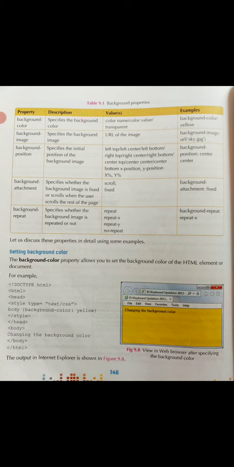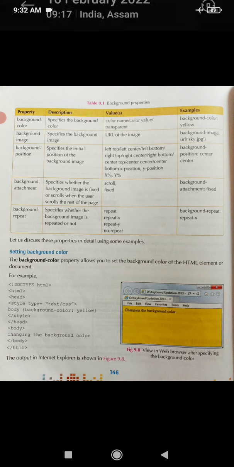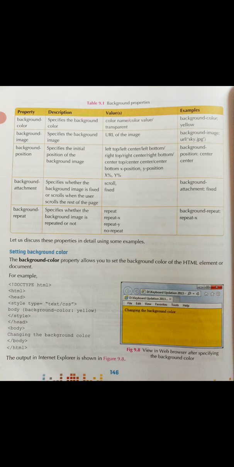The values of your background position are, as I have said, left top, left center, left bottom, right top, right center, right bottom, center top, center means in the middle, center bottom, X position, Y position. An example: if you want to place your background image in the center, you give background position center, means in the middle.